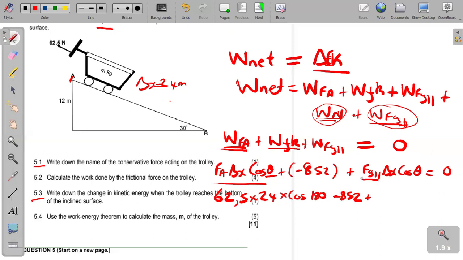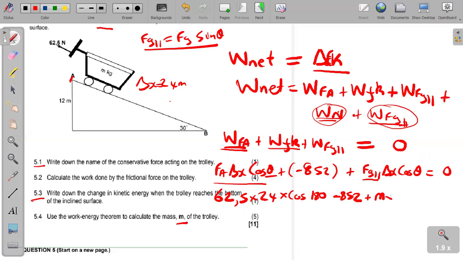The parallel gravitational force, by definition, is given by Fg multiplied by sine theta, right? This is the formula. So what we simply do is substitute: Fg is given by mg, mass times the gravitational acceleration. So what is the mass of this object? That's m. We don't know it because the question is asking us to calculate m here.